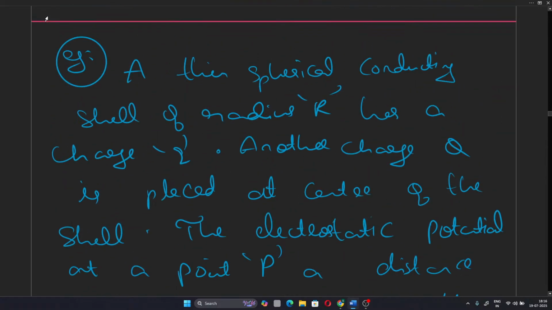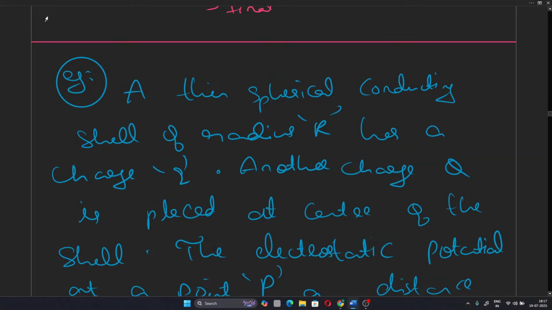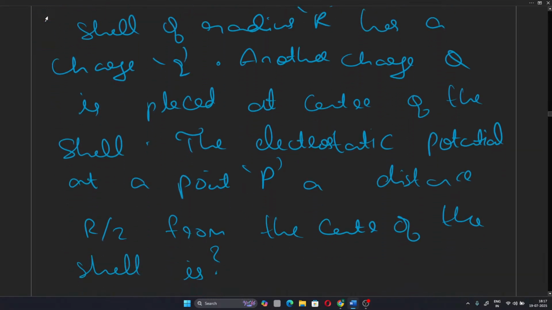Okay, there is a thin spherical conducting shell of radius r and it has a charge Q. The total spherical shell's charge is Q. There is another charge q placed at the center of the shell.